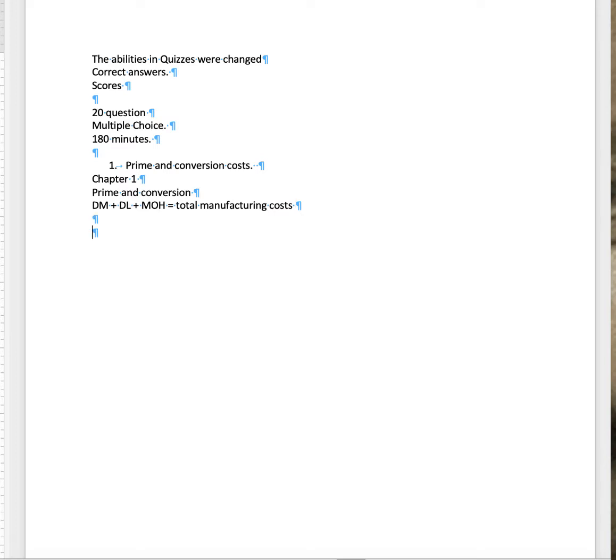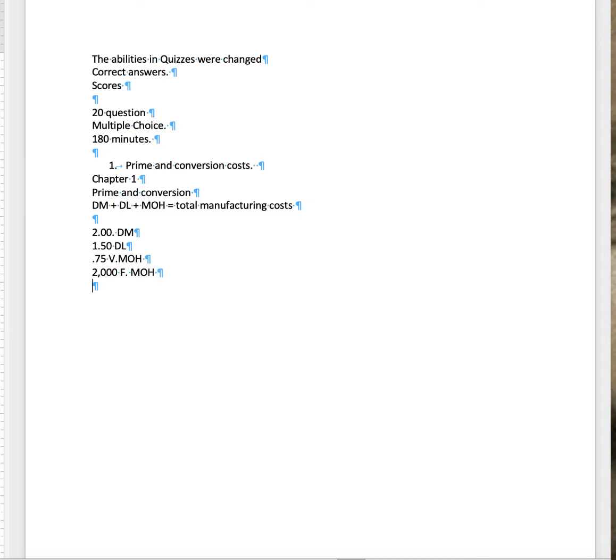Let me give you a quick example. What if they said direct material is $2, direct labor is $1.50, manufacturing overhead is 75 cents, and remember this is the variable MOH, and fixed manufacturing overhead is $2,000.